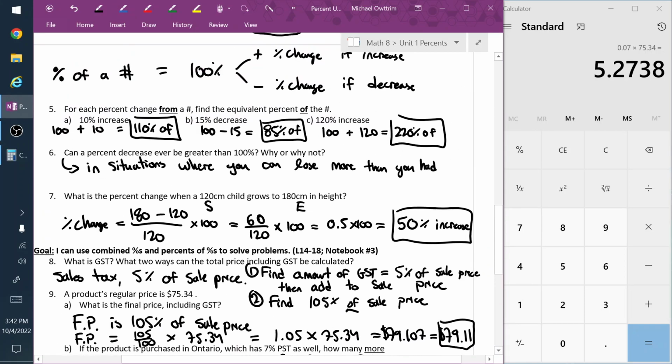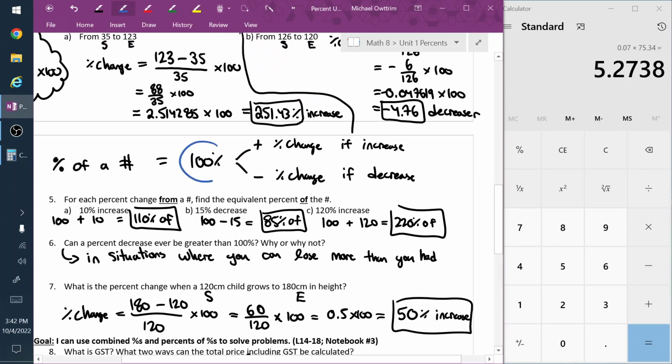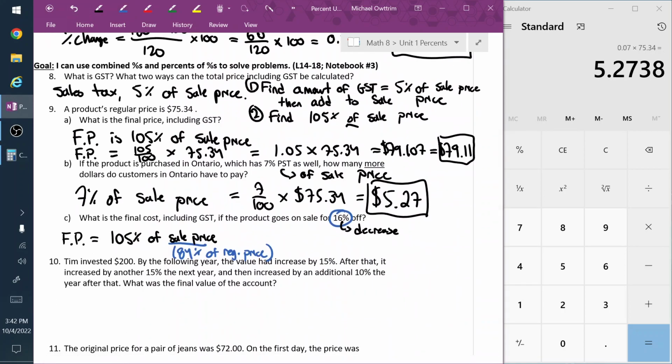Again, same idea as up here. I'm going to start with 100% and I'm going to subtract my decrease. So 100 take away my 16% decrease leaves me with 84. So overall, I'm going to have my 1.05 for my 105% of means times, 0.84 for my 84% of means times, and my regular price was $75.34.